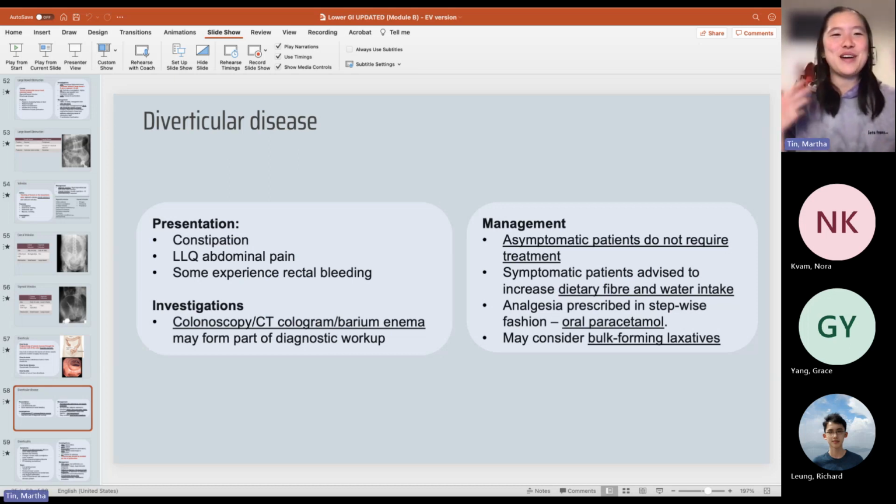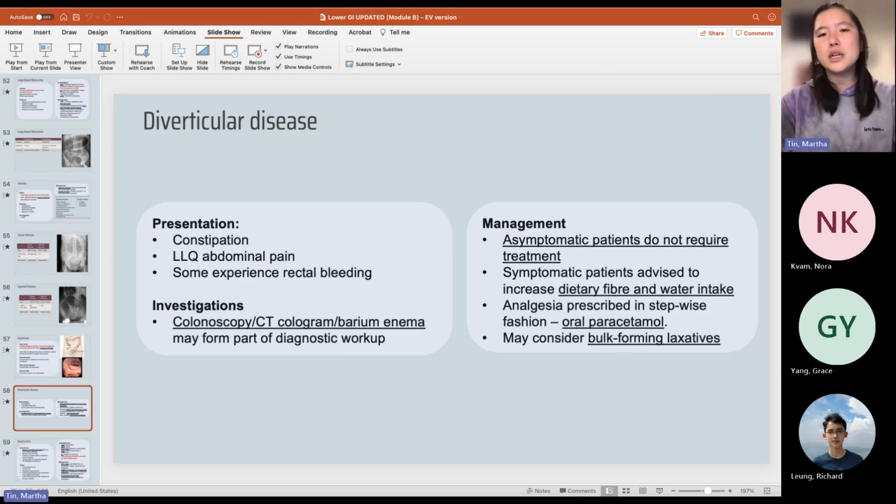It's not really accurate, but it can help you remember, because appendicitis affects your right side, whereas diverticulitis, because we already said it usually affects the sigmoid colon, usually affects your left side. So you'll get slightly older patients normally presenting with left lower quadrant abdominal pain and often some rectal bleeding and constipation. So those are your key presenting features.